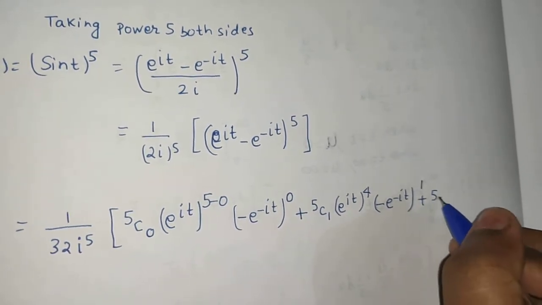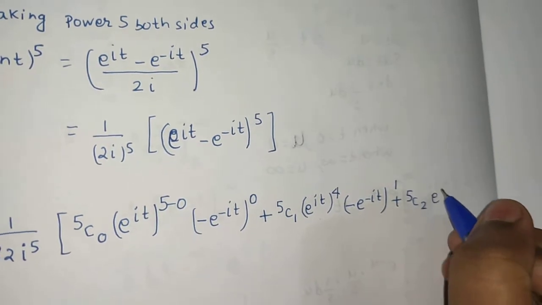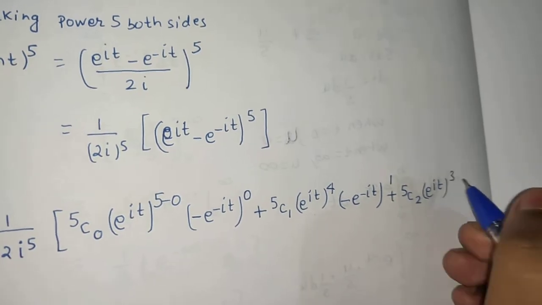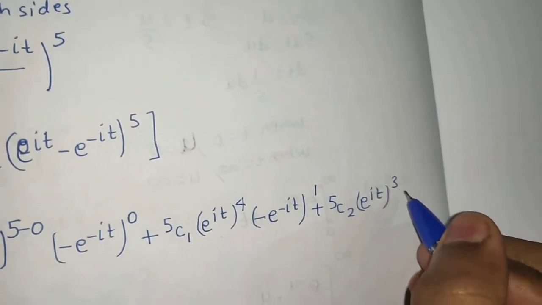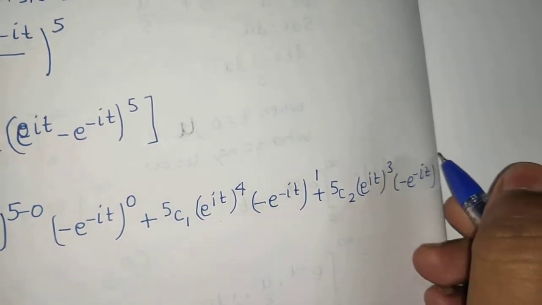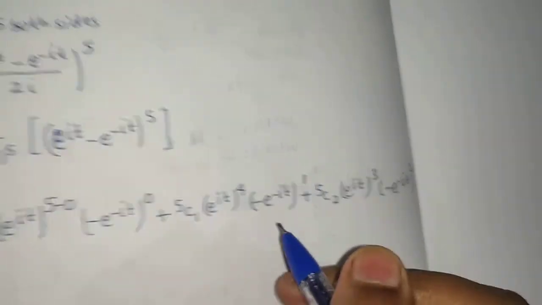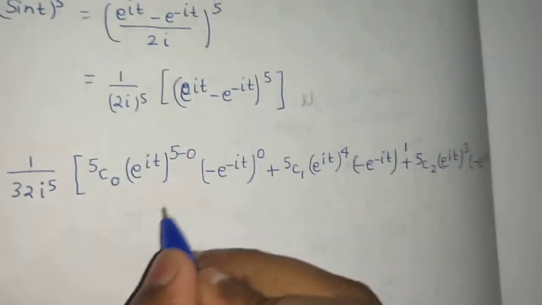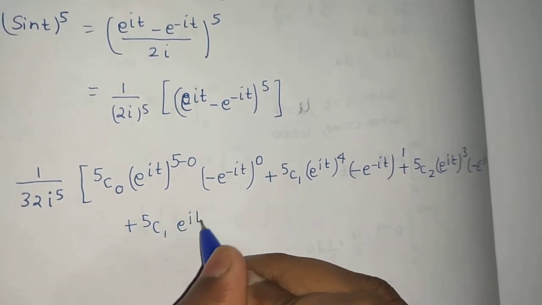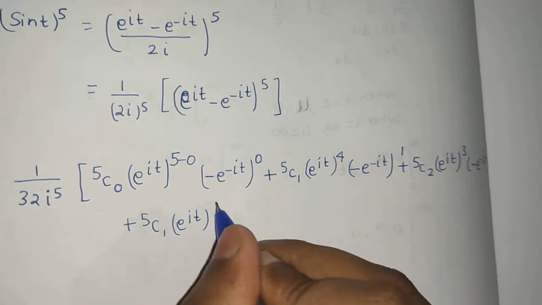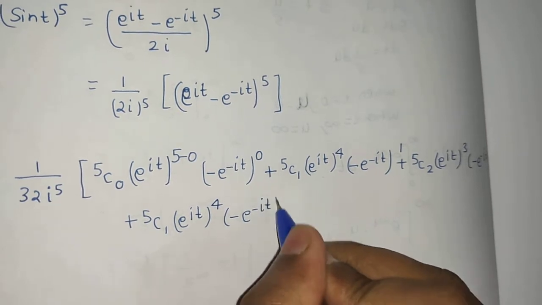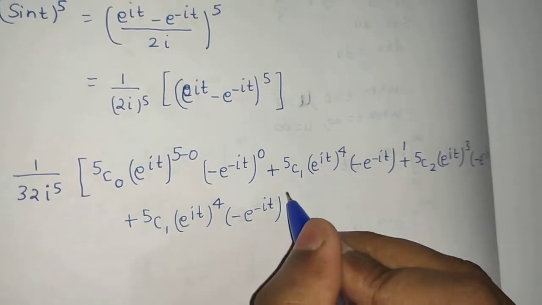plus 5c2 e power it raised to power difference. Now minus of e power minus it raised to power 2, bottom index. 5c1 e power it raised to power 4 and minus of e power minus it raised to power bottom index.